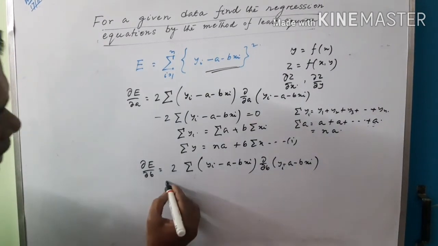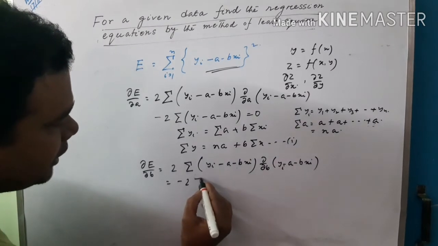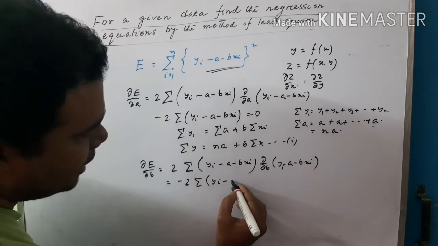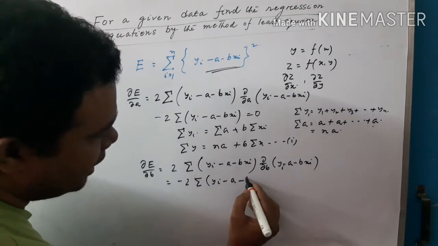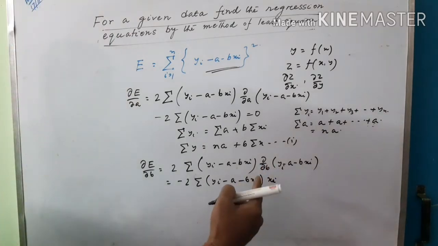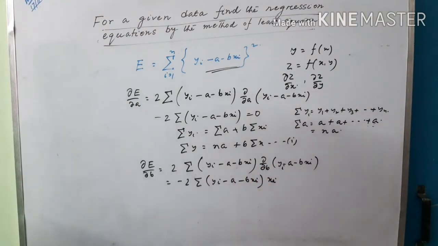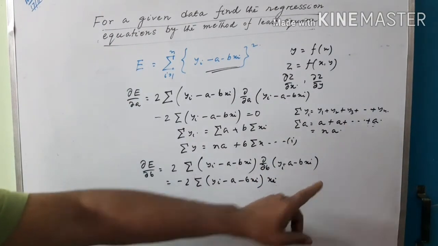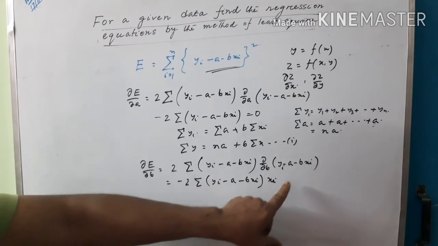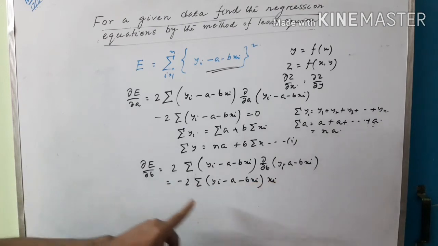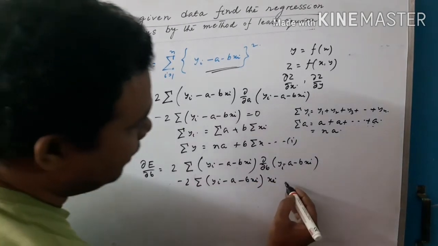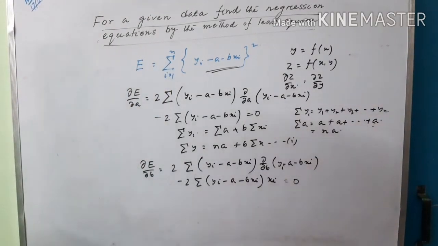So again I am getting minus 2 into sigma (yi minus a minus bxi) into xi. Just see that xi is treated as a constant, so it remains the same, and the minus 1 derivative is multiplied with 2. Again this is the first order derivative, so its value is again 0.